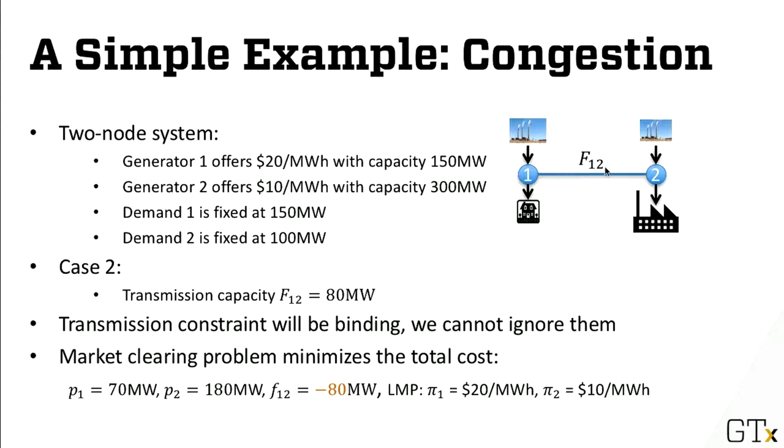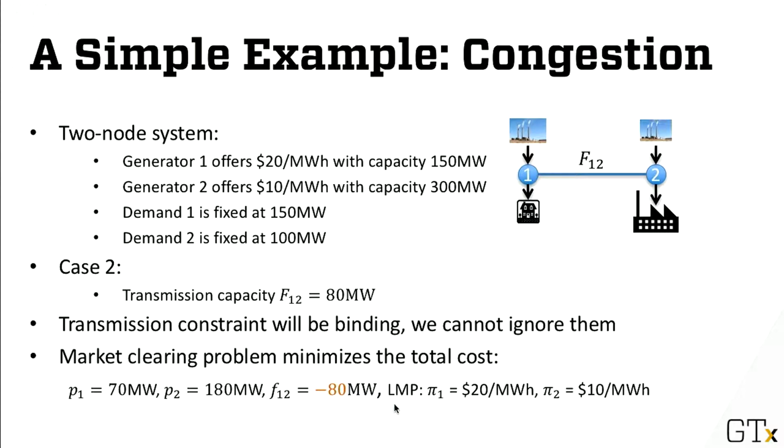But because the transmission capacity is limited at 80, we can only supply up to 80 units to load 1, but load 1 is 150. So that's why we need to pick up 70 from generator 1. So P1, generator 1's output, is 70 units, and generator 2's output is 180 units. And the amount of power transmitted through this line is negative 80 because the convention of direction is from 1 to 2 being positive. The real flow is from 2 to 1, so that's why it's negative 80.